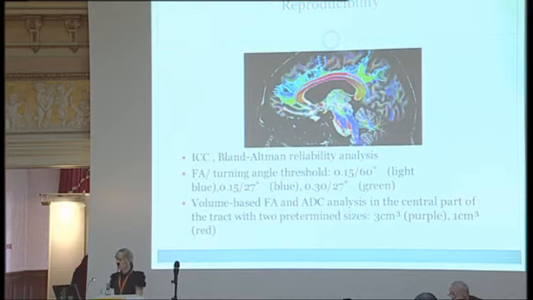And the tractography was performed using 2 different FA and turning angle thresholds for each tract to evaluate whether the lower FA and higher turning angle threshold decrease the reproducibility. We also did volume-based FA and ADC analysis in the central part of the tract with 2 predetermined sizes. An example of those from one tract, superior cingulum, is presented in that picture.